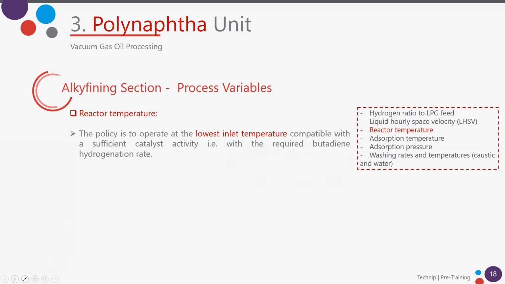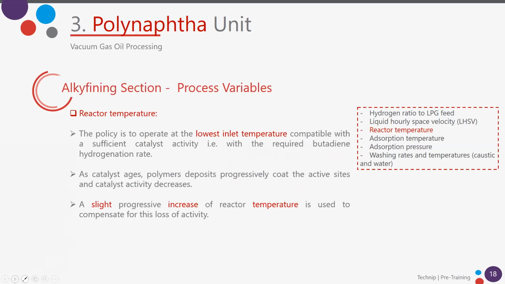That is our main goal. As the catalyst ages, polymers deposit and progressively coat the active sites and catalyst activity decreases. And as in many cases, we have to increase the temperature to compensate for this loss of activity.